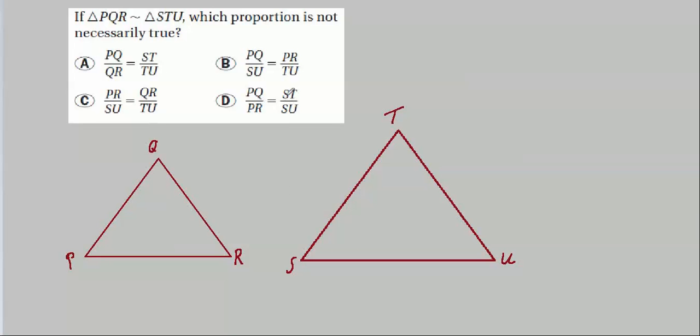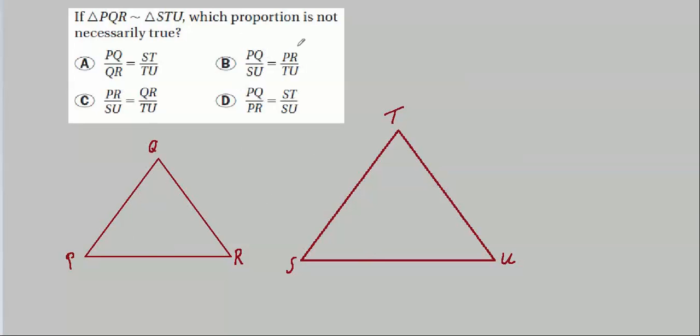And this one is just a statement that's always true for similar triangles. But this one here, I don't see any way we can definitely say that the ratio of this side to this side is going to be the same as the ratio of this side to this side, because they're not corresponding sides. And there's also no way we can swap the means.